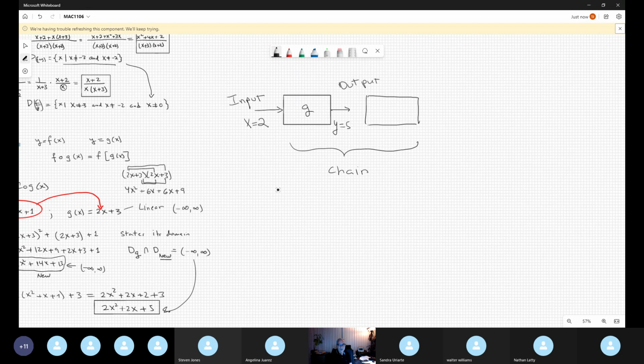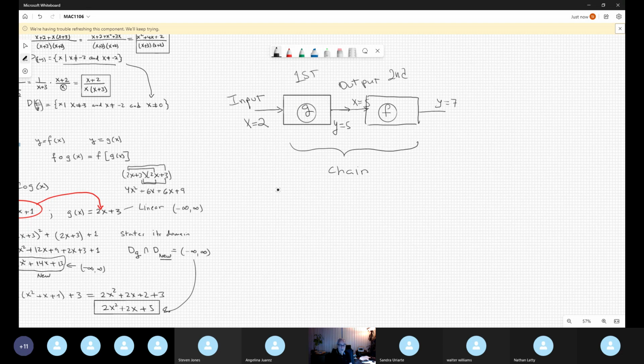We have 2, 3, 4, in this case 2. f is my second. You see that the order is important. This is my first function. This is my second function. And this now you believe like an x, no y anymore, because it's the new domain of f, and it gives me a new y output. Okay, I don't know, it's 7. That depends on the function. You plug it in here.